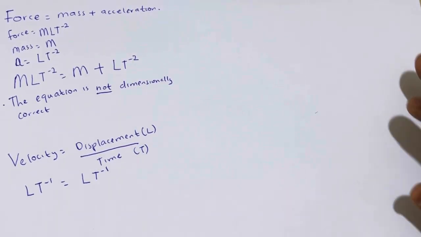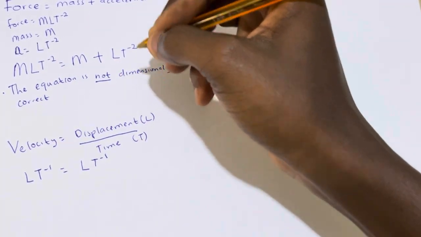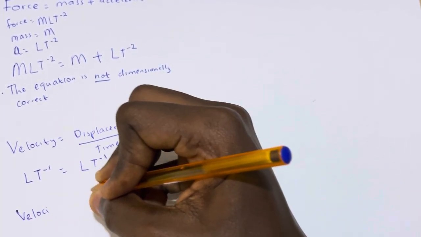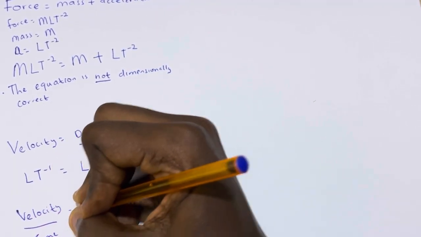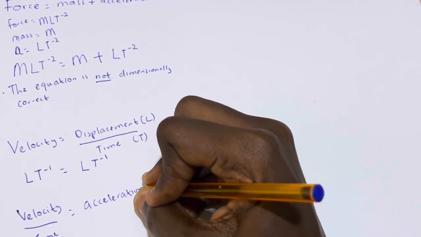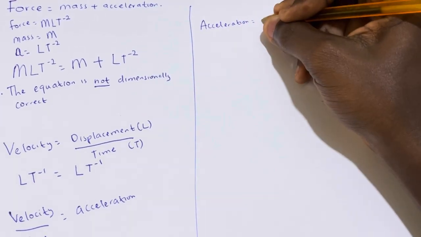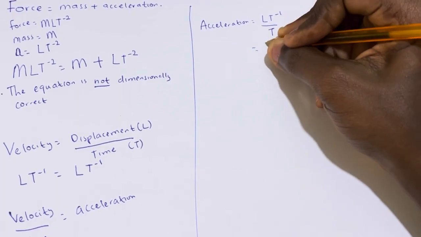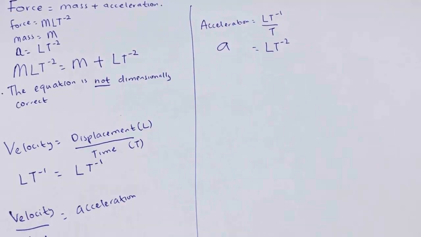So this we can know is dimensionally right. And acceleration is velocity over time, where velocity equals L T^-1. Therefore, L T^-2 equals the acceleration. So let's go to the next question.